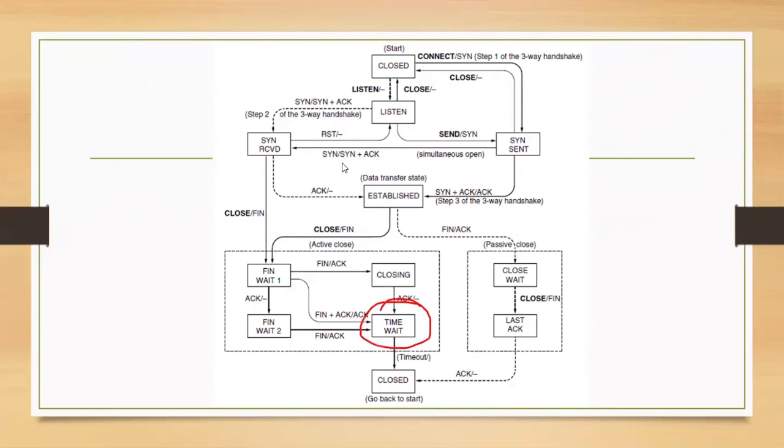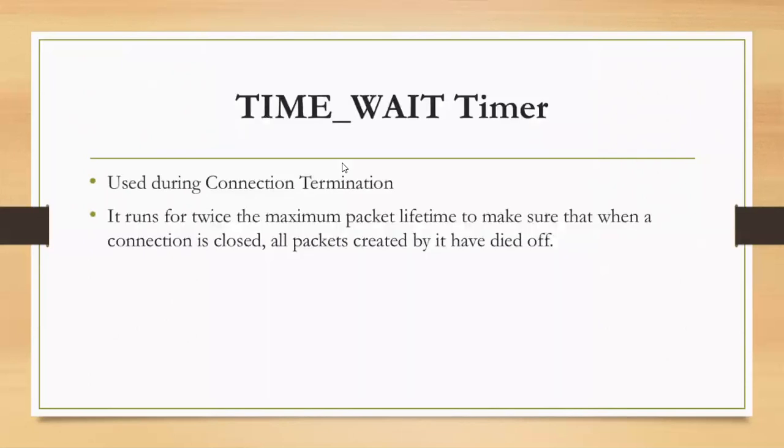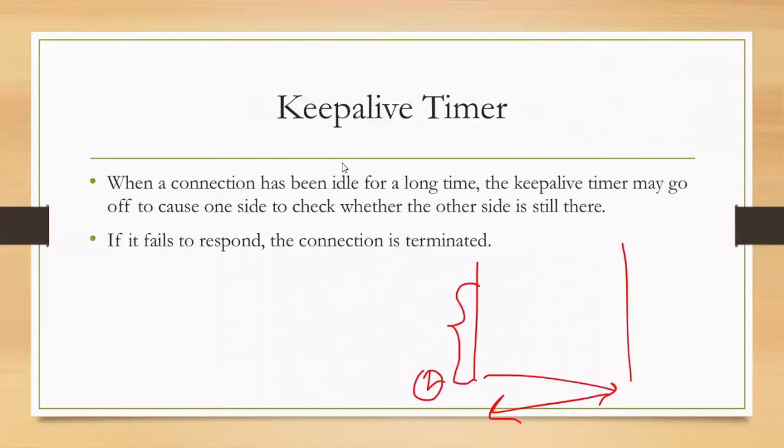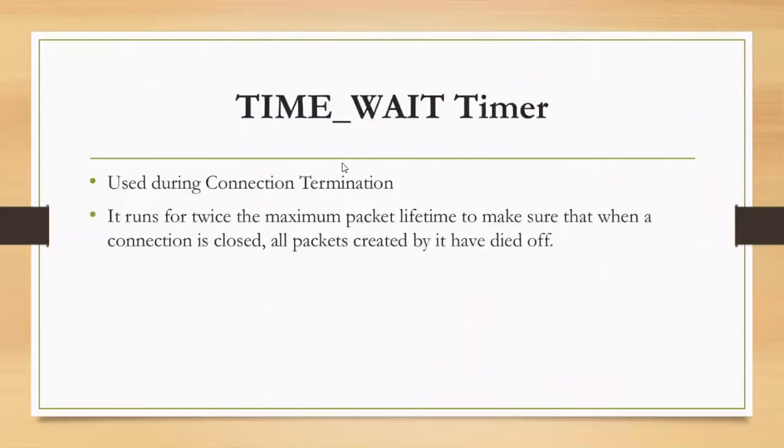From here to go to the close state, it has to wait for a timeout. This timeout is maintained by the time wait timer. It is used during connection termination, and it runs for twice the maximum packet lifetime.